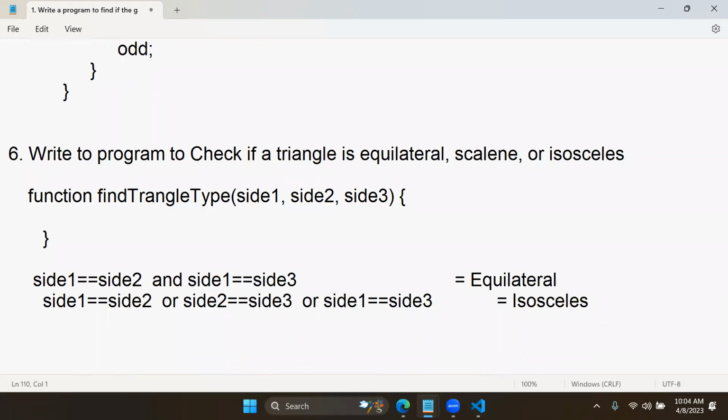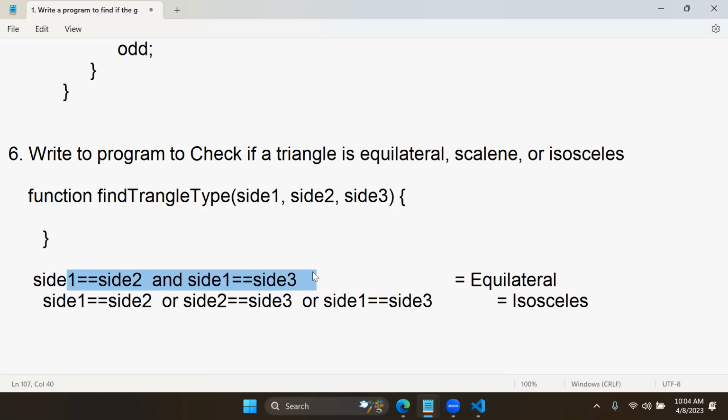We have to pass 3 sides. If side 1 is equal to side 2 and side 1 is equal to side 3, then it is equilateral. Both must be equal here.